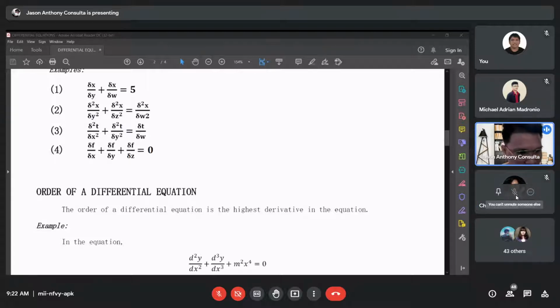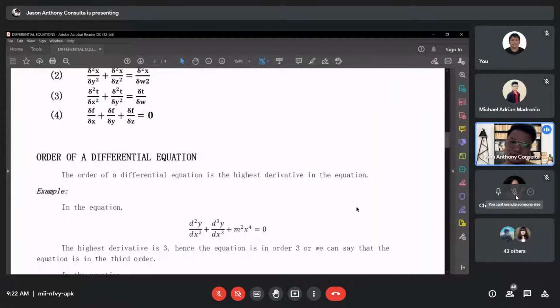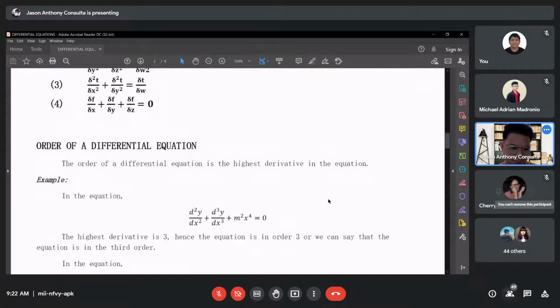So, because based on the definition, the order of the differential equation is the highest derivative of the equation. So, the highest derivative is 3. Yes po, sir. Okay, that is correct. Or we can say that it is in the third order. Okay, thank you, Cherry.